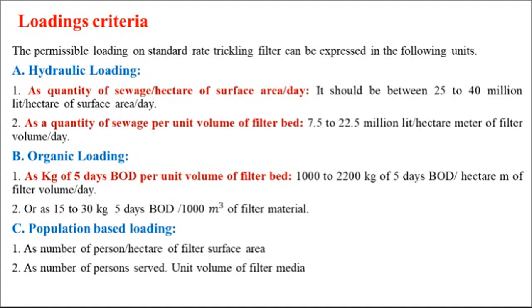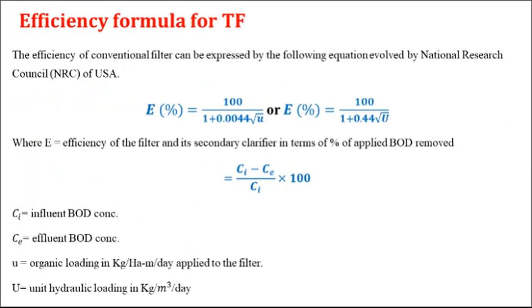And last one, population based loading, as number of persons per hectare of filter surface area and as number of persons served depending upon unit volume of the filter media. So in this way the loading is given to the filter depending upon these three criteria.